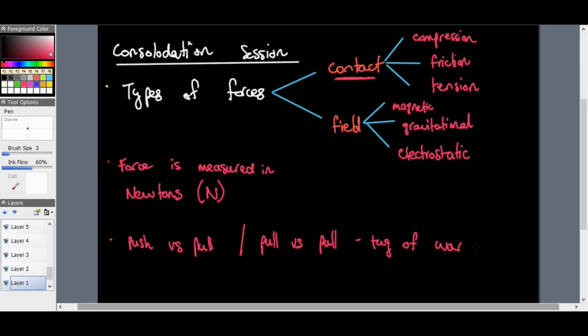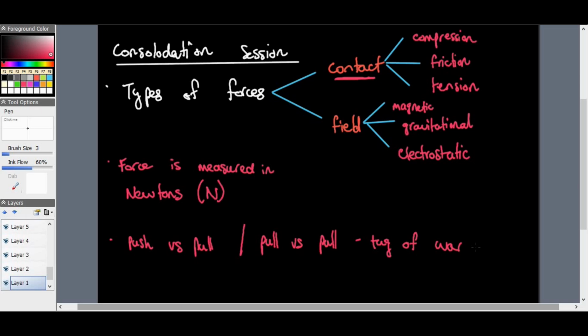Another example of a contact force would also be friction. I've already demonstrated compression when you're squeezing a stress ball or even a tennis ball, but talking about friction between two objects, an example would be an eraser erasing pencil writing on a piece of paper.